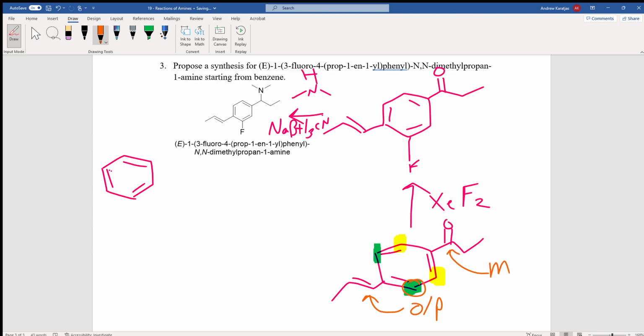Now we've got to get two carbon groups on there. We've got the alkene and we've got the carbonyl. So I think at this point, most likely, we could use a Friedel-Crafts to put on the carbonyl at the top right.